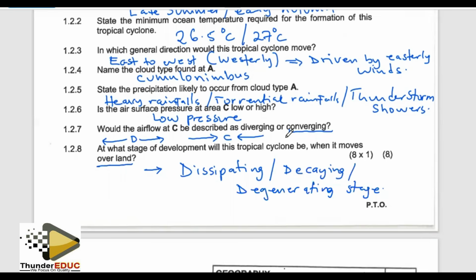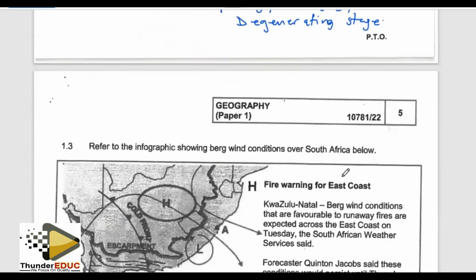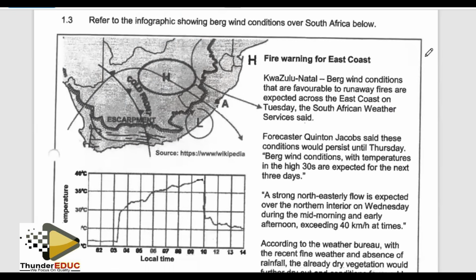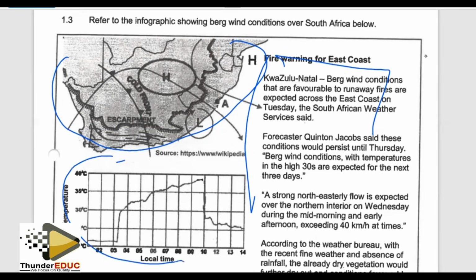All right. Let us proceed to the next question, which says 1.3, for the infographic showing wind conditions over South Africa. Okay, so you can see this is our infograph. I see the map of South Africa here, there is other written information on this other side, and we have a graph here.